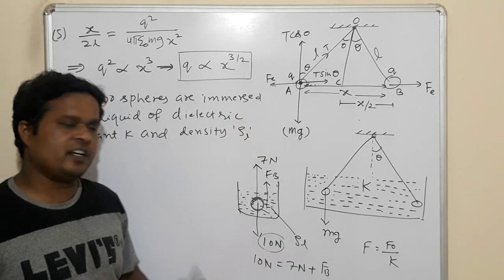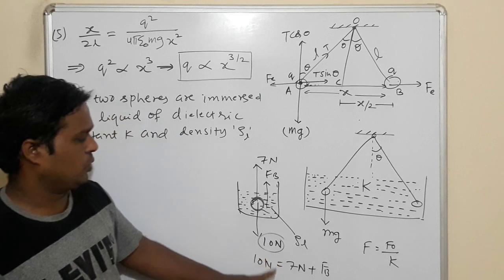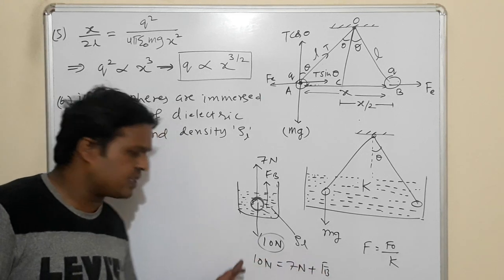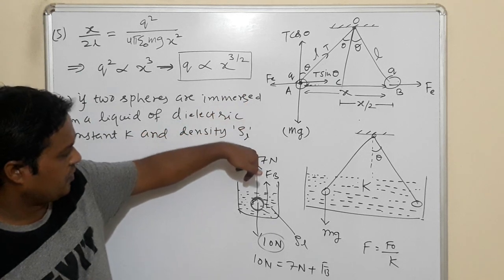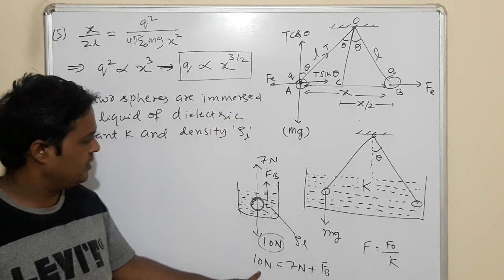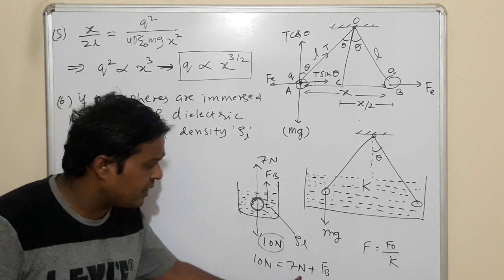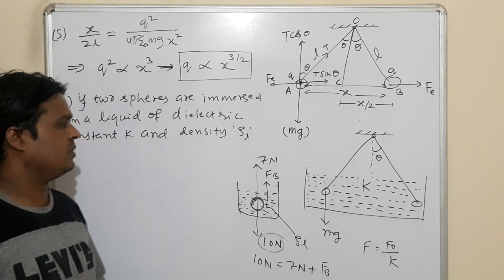So apparent weight is equal to real weight minus buoyant force.